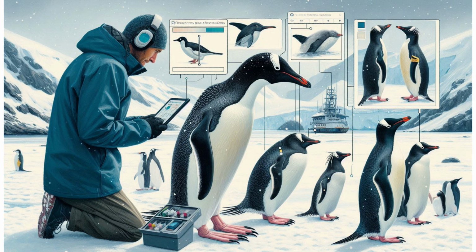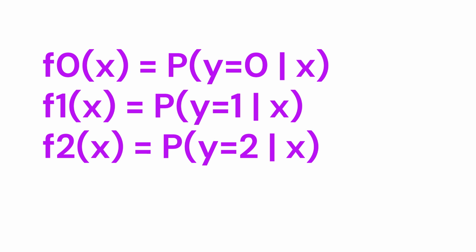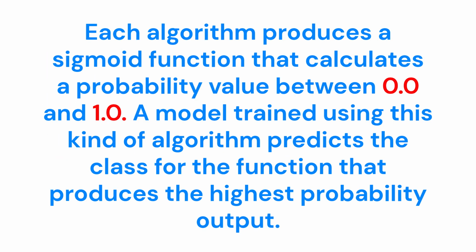For our penguin species classification model, the algorithm would essentially create three binary classification functions. Each algorithm produces a sigmoid function that calculates a probability value between 0.0 and 1.0. A model trained using this kind of algorithm predicts the class for the function that produces the highest probability output.